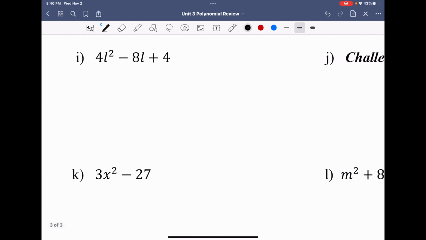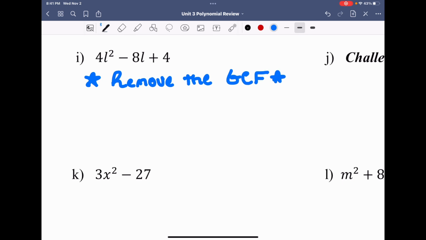All right, now this one heavily relies on our knowledge of what is step 1 of factoring. It's to always remove the GCF. So we need to remove the GCF. Okay, when we remove the GCF, every term here shares a factor of 4.